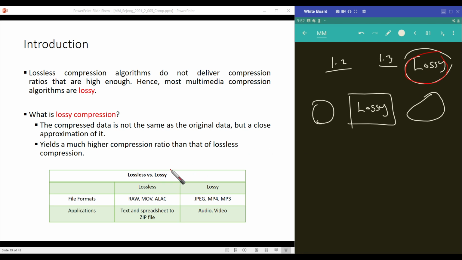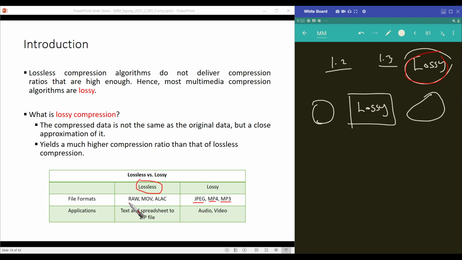And if you see file formats, for example raw file format, MOV format, ALAC format, these are basically lossless file formats. On the other hand, JPEG, MP4, MP3, these are lossy file formats. And as you understand, these are the most suitable formats that we use for multimedia applications.